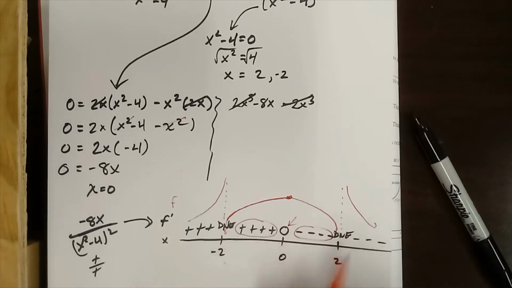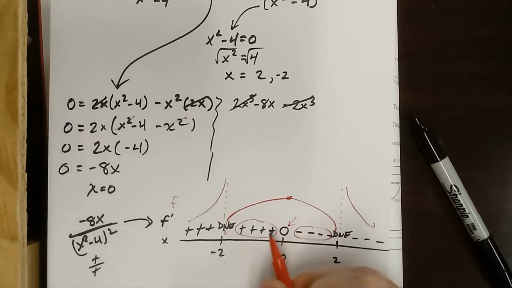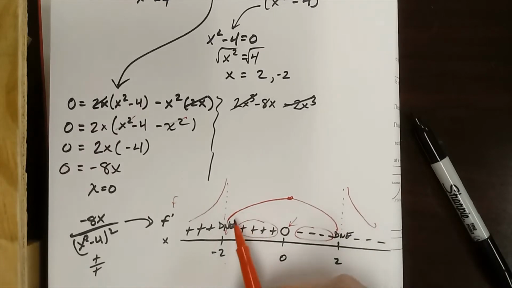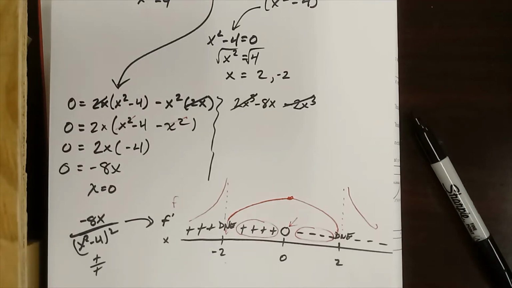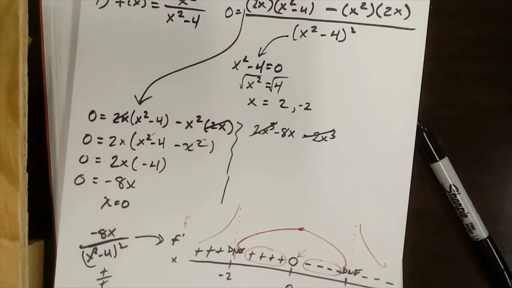A change in sign around one of our critical numbers of the derivative will show us that it was going up, then going down, or going down and then going up. That's how we know that we're going to get some kind of relative extrema. So that's leading into where we're going in the next question, I believe.